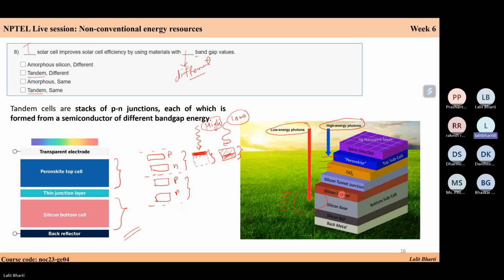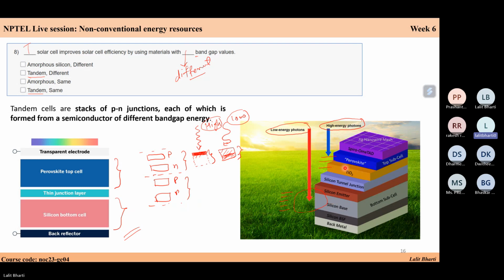So we sandwich a layer of a different solar cell which can be utilized to absorb the lower energy photons. So we can put these two solar cells together.